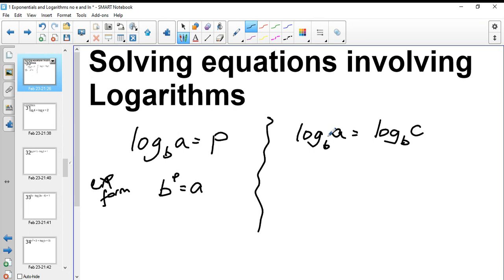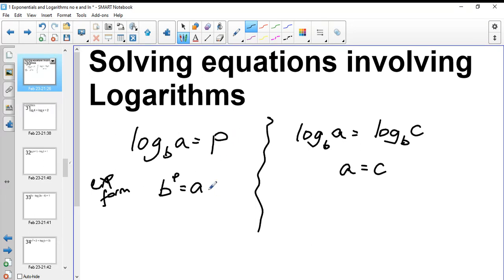If we can get to this situation, then we can equate the two things that are being logged. If this is true, then A must equal C. So when we're solving equations, we're looking to try and get to one of these two situations. And I'll show you examples of both.